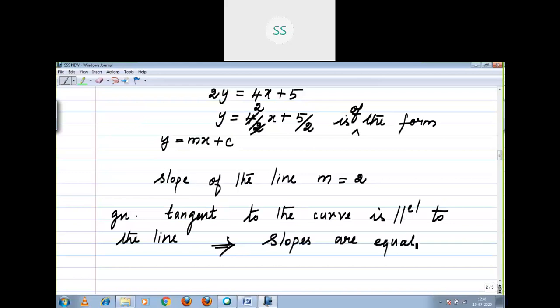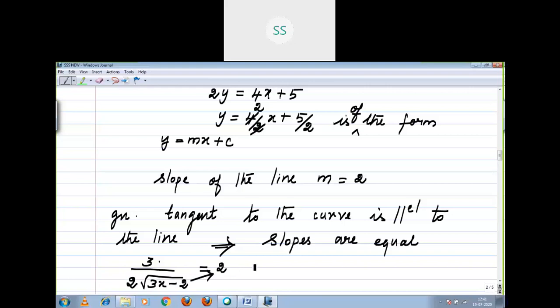Slopes are equal, right? Now, slopes are equal means what is the slope of the tangent to the curve? That is 3 by 2 into root of 3x minus 2, which is equal to 2.